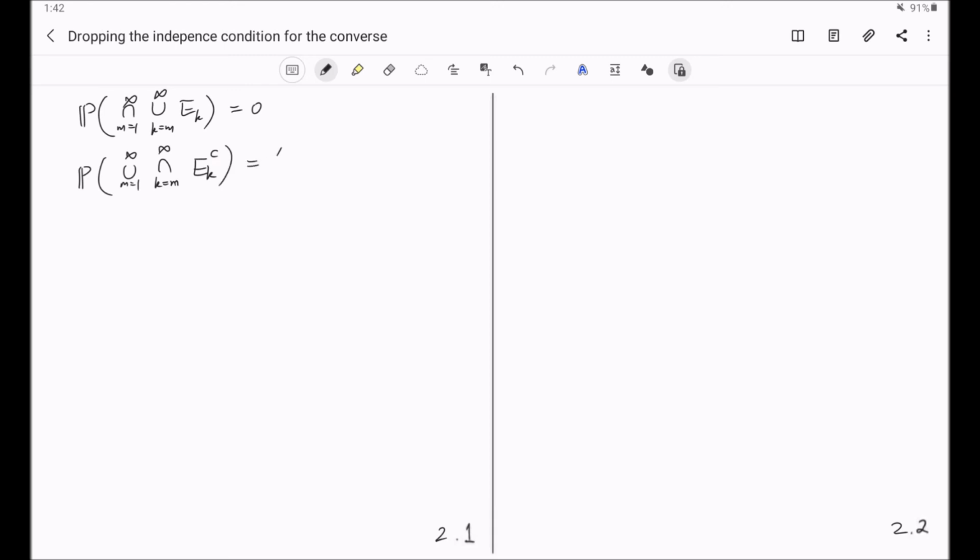This event has probability 1. That is because this is the complement of this. Now, what is E sub k complement? E sub k complement will be the event where S sub n_k minus E of S sub n_k, taking absolute value, is less than or equal to half of the expectation of S sub n_k.